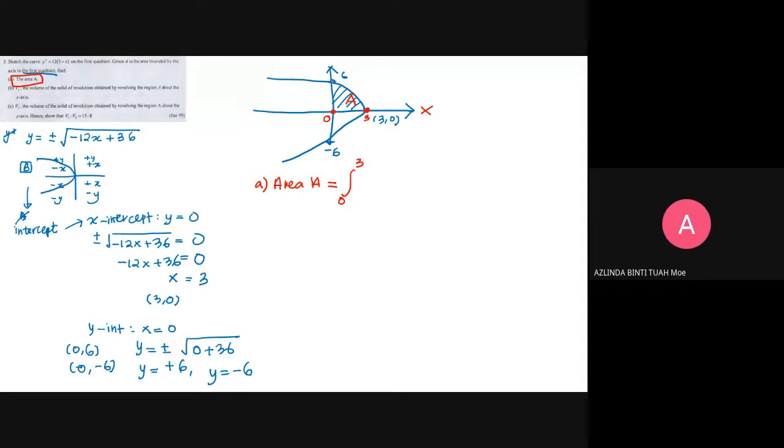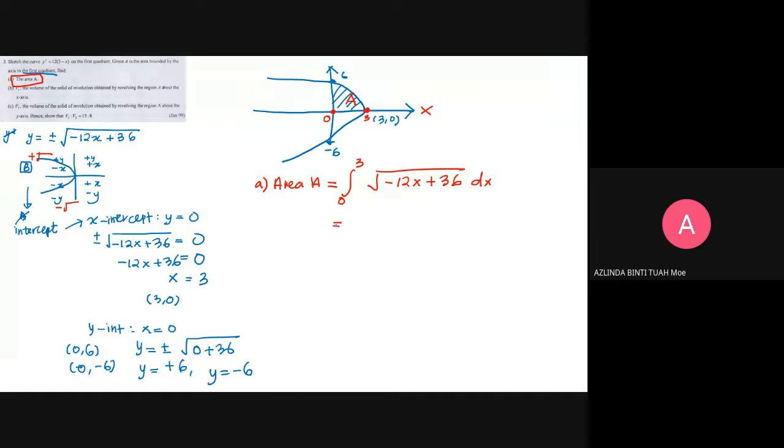The only function we have here, remember we have two functions. The upper part is positive third, and the lower part is negative third. Negative y means negative third, positive y means positive third. So we look at the positive third here. The function now is the integral of the square root of negative 12x plus 36 dx.